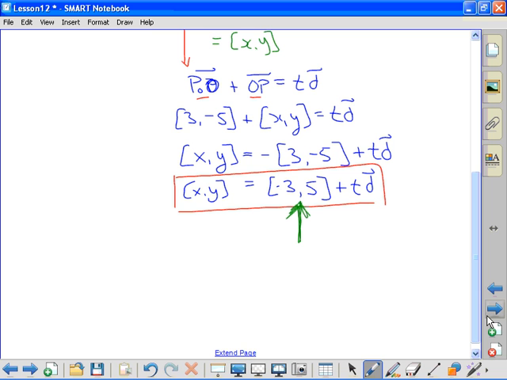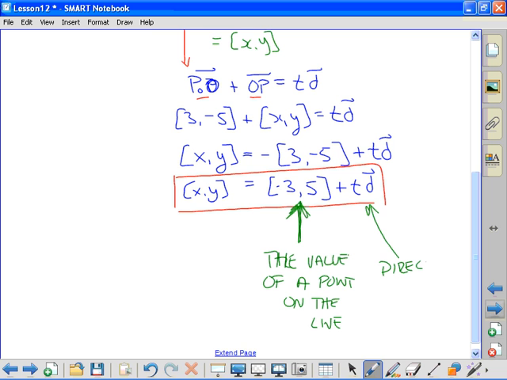So the first value here is the value of a point on the line. And this is our direction vector. So that's the explanation as to how we come up with the general vector equation.